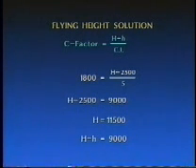Now we have to determine the answer to problem 1B, the flying height above sea level, using what we have to work with: the contour interval, 5 feet, and the C factor, 1,800. The C factor equals H minus small h over the contour interval. When we insert the given numbers, we have 1,800 equals H minus 2,500 over 5.